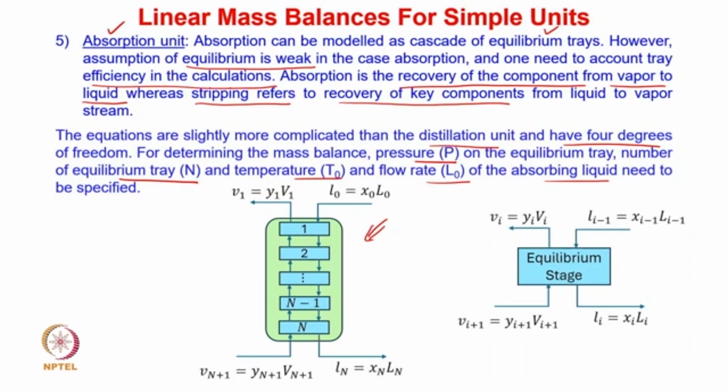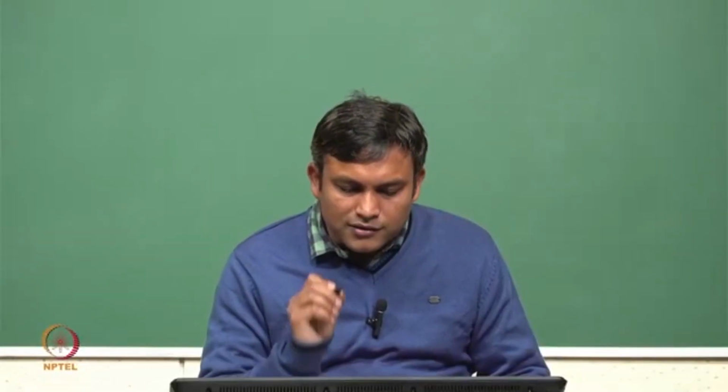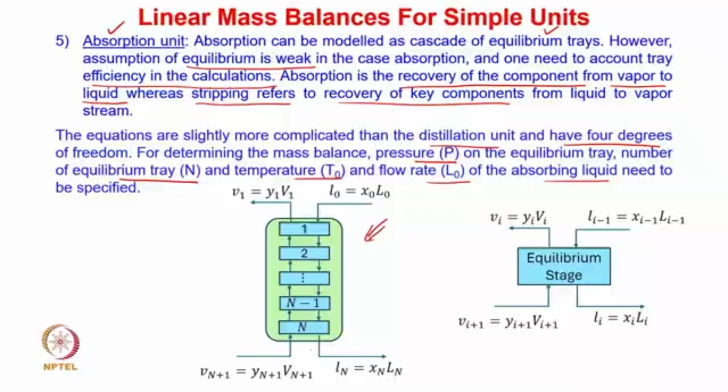Here the subscript or superscript denoting the key component, which we have used as small n everywhere, we have omitted here. In an absorption unit there will be several stages, and in this case we have shown stages 1 to n. Now with respect to any equilibrium stage i, how the inputs and outputs are represented is shown in the second figure.